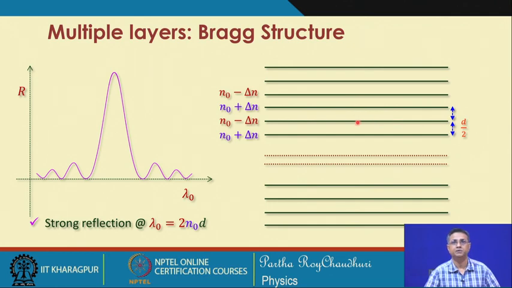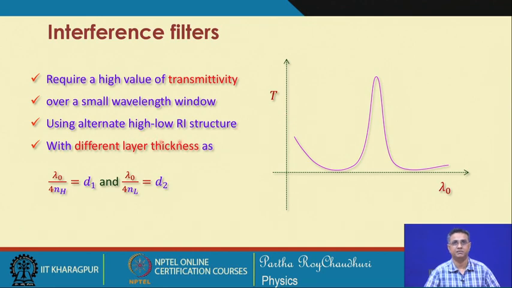But if we have alternate layers having different thicknesses, the same for all the alternate layers, given by d 1 and d 2, with thickness d 1 for the low refractive index region and d 2 for the high refractive index layer, then if I plot the transmittivity of the stack against wavelength, the transmission function will look like this.